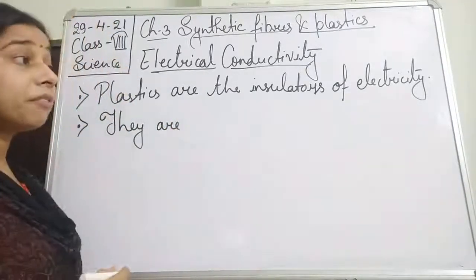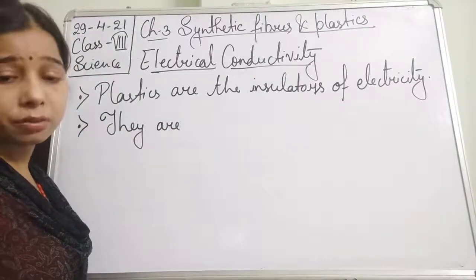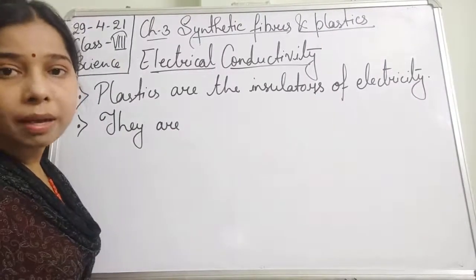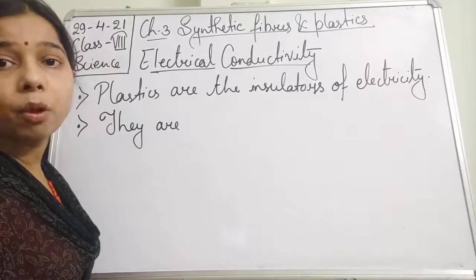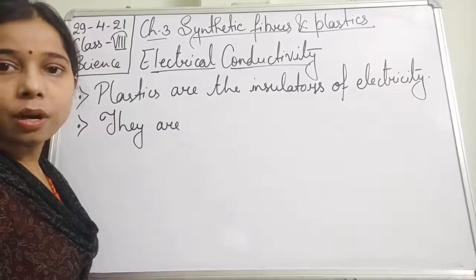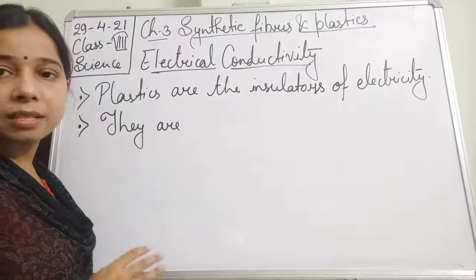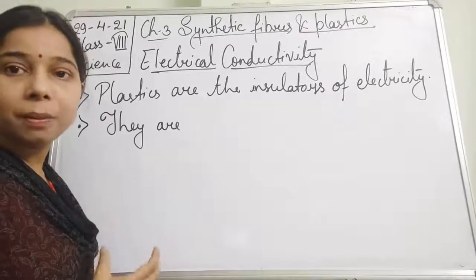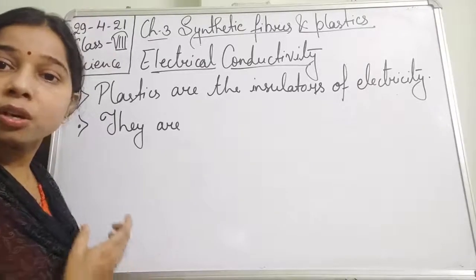Absolutely, students, since they are insulators of electricity, we use them as a covering material for cables or electric wires. Ultimately, if there is plastic insulation, it will help us in protecting from getting an electric shock.